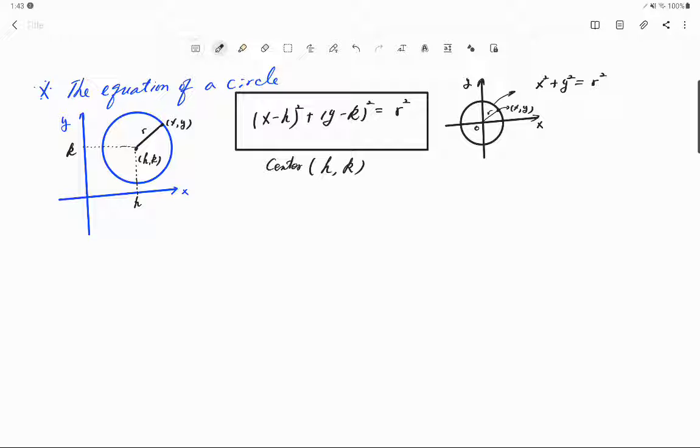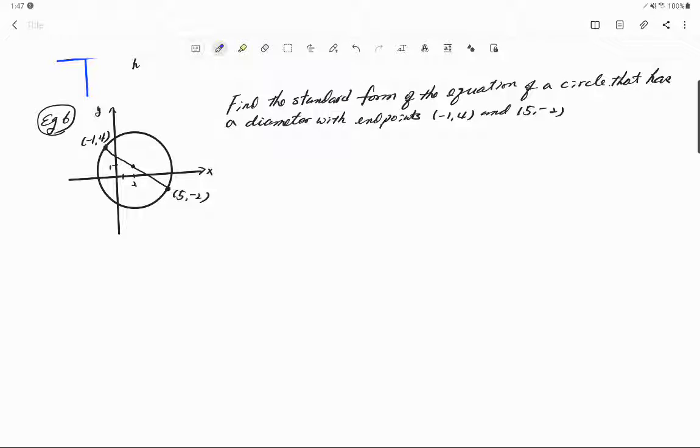From this one, let's find the standard form of the equation of a circle. Let's try an example. In this example, we want to find the equation of a circle in standard form. The standard form is (x minus h) squared plus (y minus k) squared equals r squared.